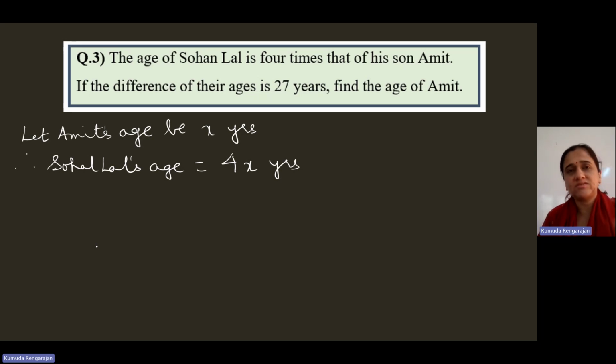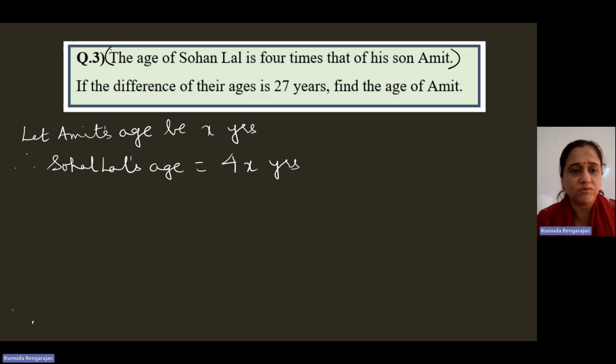Next is to construct the equation. We have used the information that the age of Sohan Lal is 4 times that of his son Amit for the assumption: let the son's age be x years, so the father's age is 4x years.